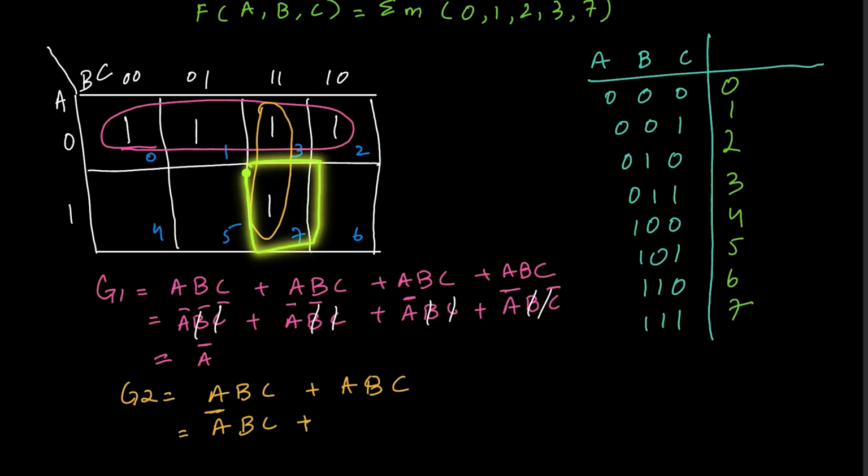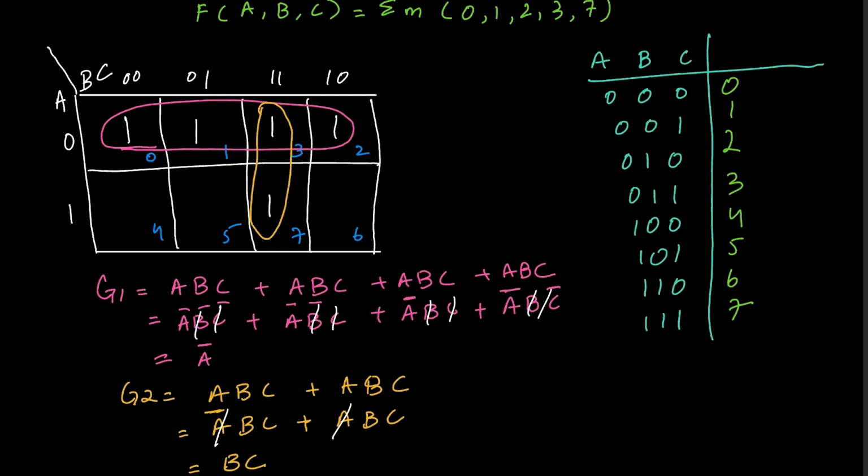In the second cell, A is 1, B and C are 1 as well. So we will write A, B, C. All the three alphabets are without bar this time around. And here we can cancel out A because A has changed from A bar to A, and B and C both have remained constant. They haven't changed. So BC will be the answer for group 2.